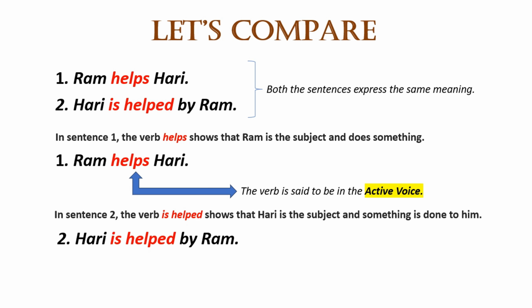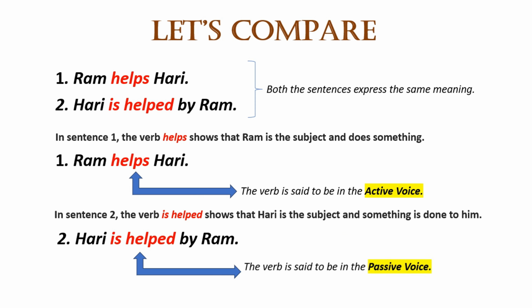In sentence 2, the verb is helped shows that Hari is the subject and something is done to him. It means Hari is the subject but is the receiver of the action, and he receives the action from Ram, and the action is the action of being helped. So the verb is said to be in the passive voice.